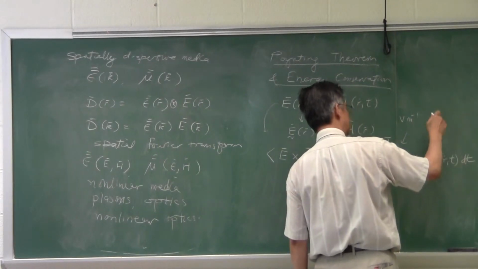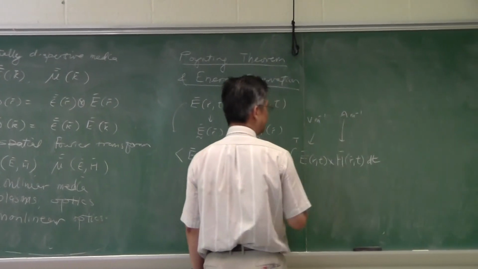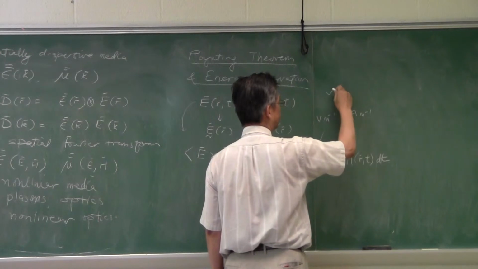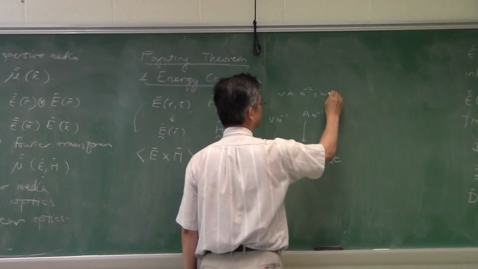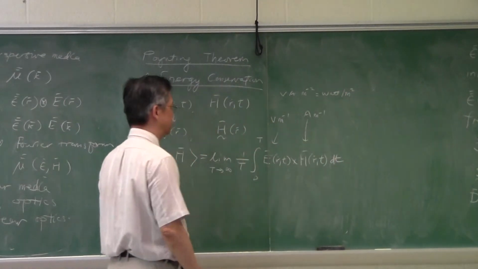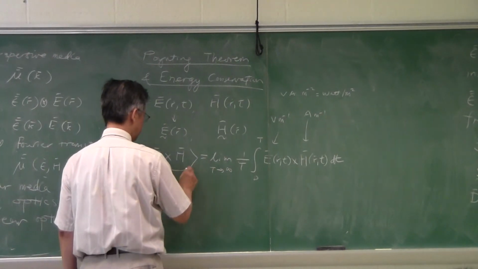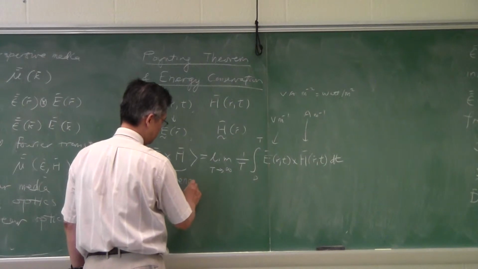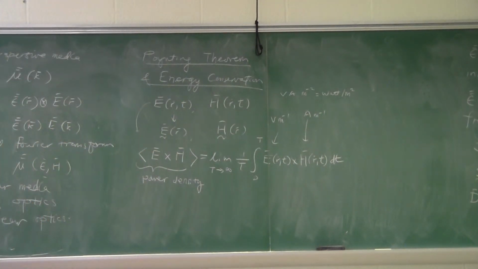Magnetic field has a dimension of amperes per meter. So if you multiply these up, this has a dimension of volts times amperes per meter squared, or watts per meter squared. It's a kind of power density.